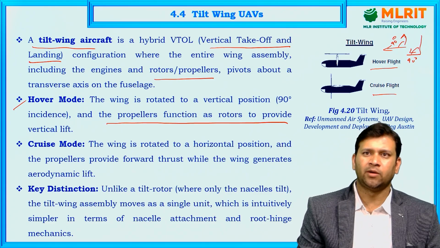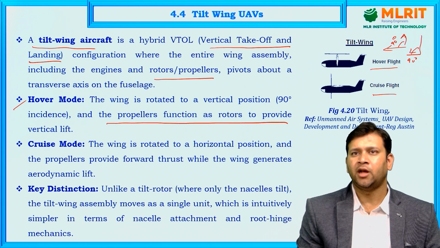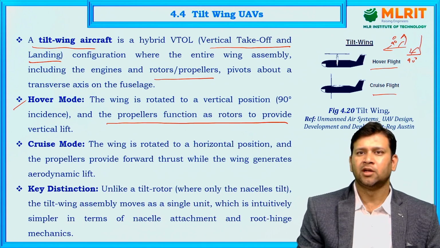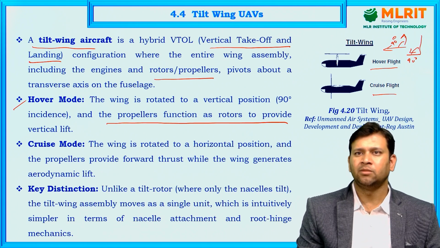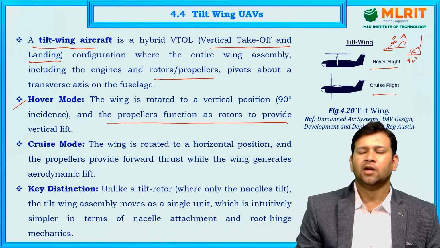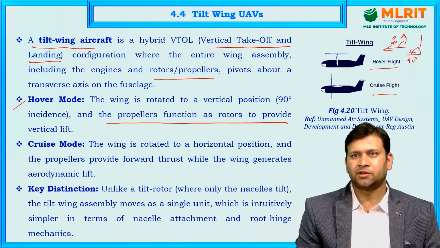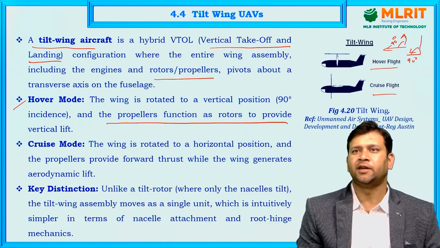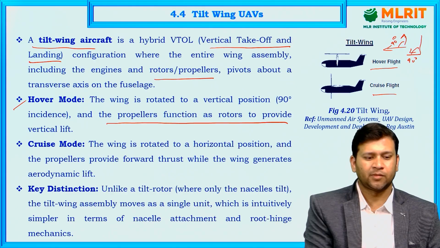But in the tilt rotor mechanism, only the rotors will be moving 90 degrees up or 90 degrees down, either in the hover flight or in the forward flight. But in case of tilt wing unmanned aerial vehicles, the entire wing shifts with 90 degrees incidence.